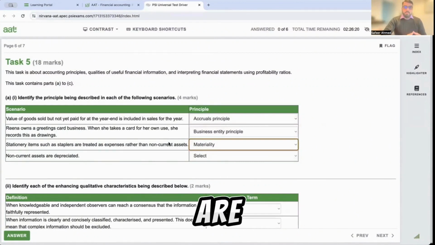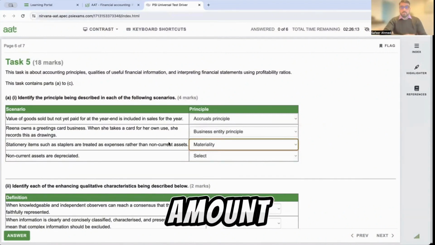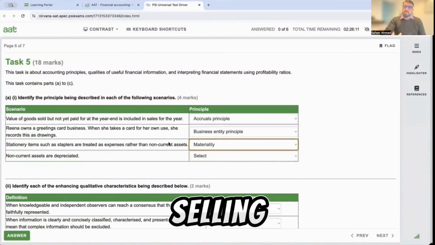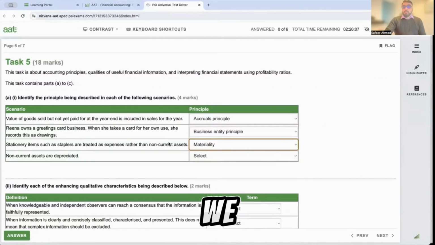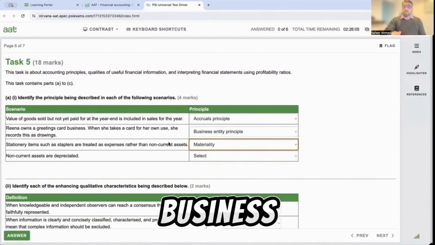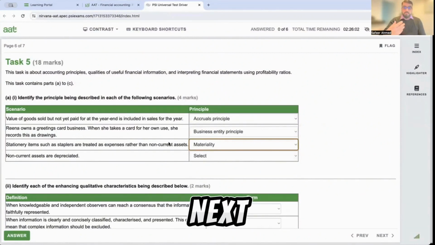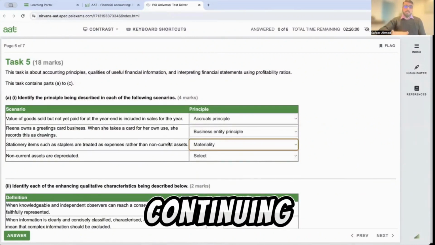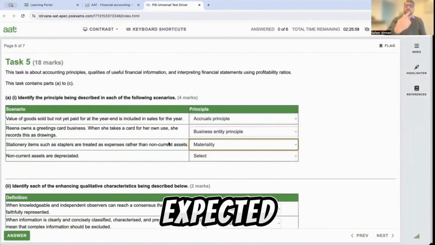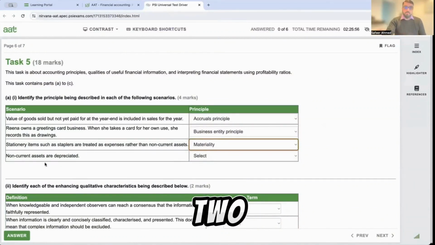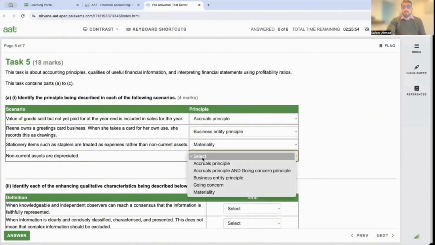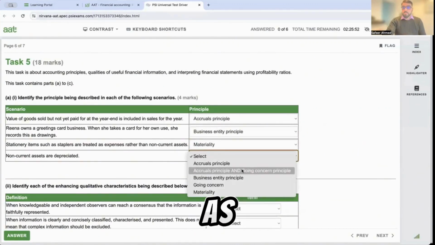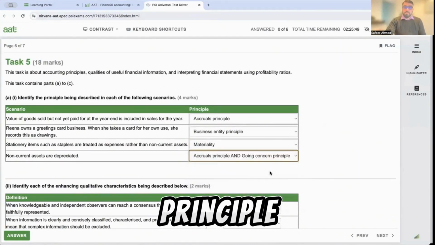So why are we depreciating, and why are we recording it at the current carrying amount rather than the expected selling price of those non-current assets? Because we are assuming that the business will continue in the foreseeable future, so next year as well. So it's a continuing value rather than the expected selling price. So two principles are relevant here: accruals principle as well as going concern principle.